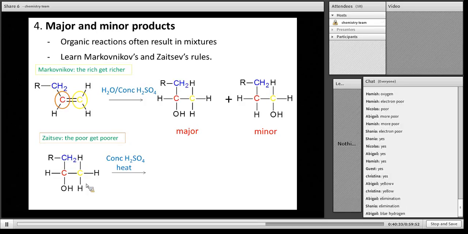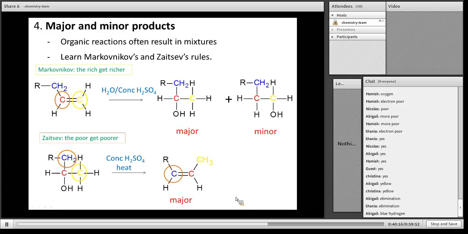So the poor gets poorer, the carbon with the least number of hydrogen atoms loses a hydrogen. So I'm going to form as my major product the double bond between the blue carbon and the red carbon.